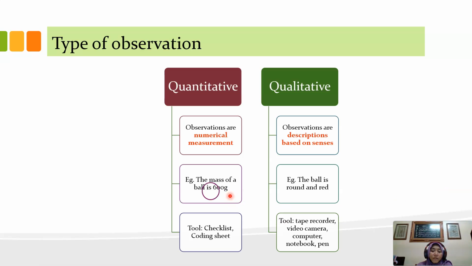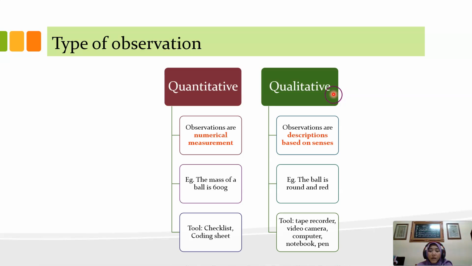For example, the mass of a ball is 600 gram. So you can measure the weight of the ball, or you can count how many people, you can count the population. That we call quantitative. Tools that you can use are checklist and coding sheet.